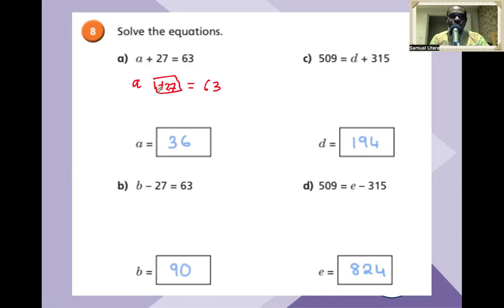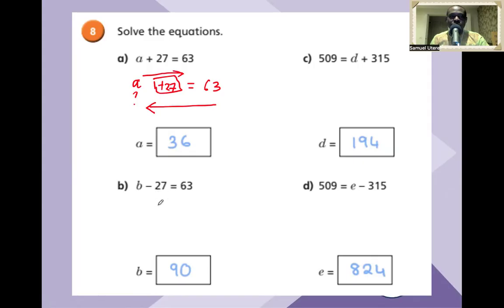So going this way, we're adding 27, but we're looking for this one. So coming this way, we subtract 27. All right, so that's how all of these were solved.